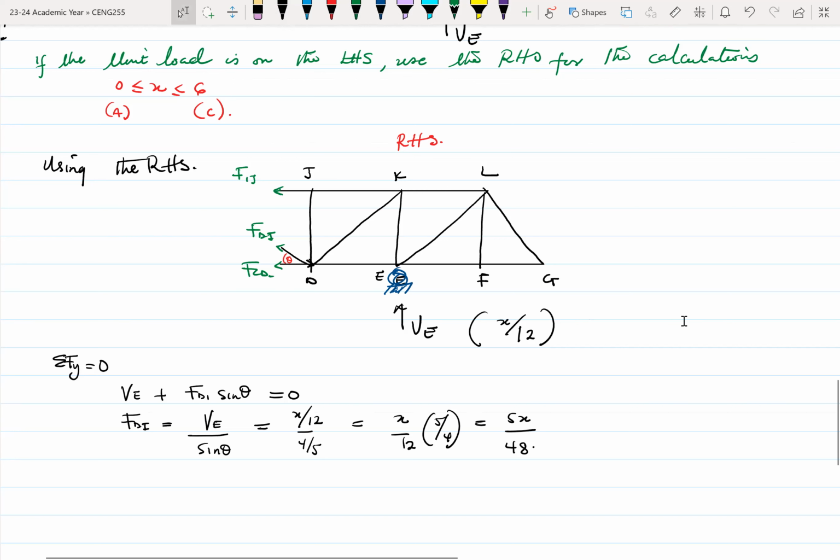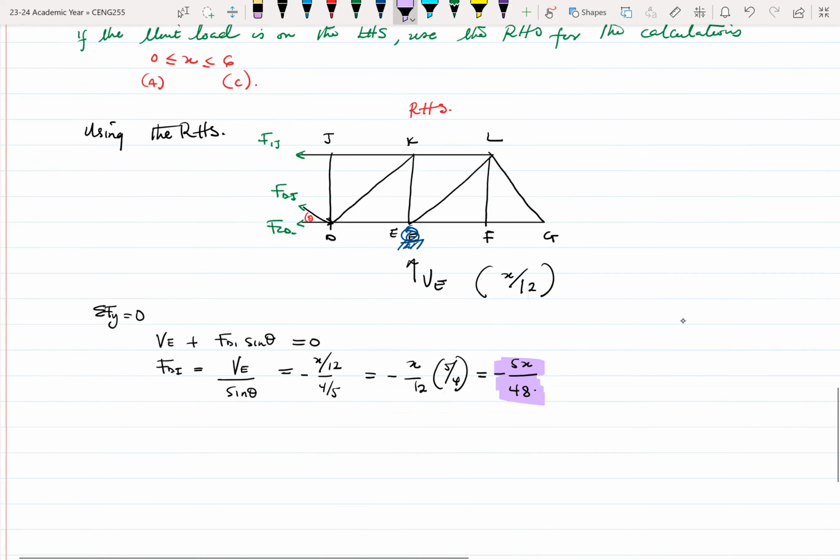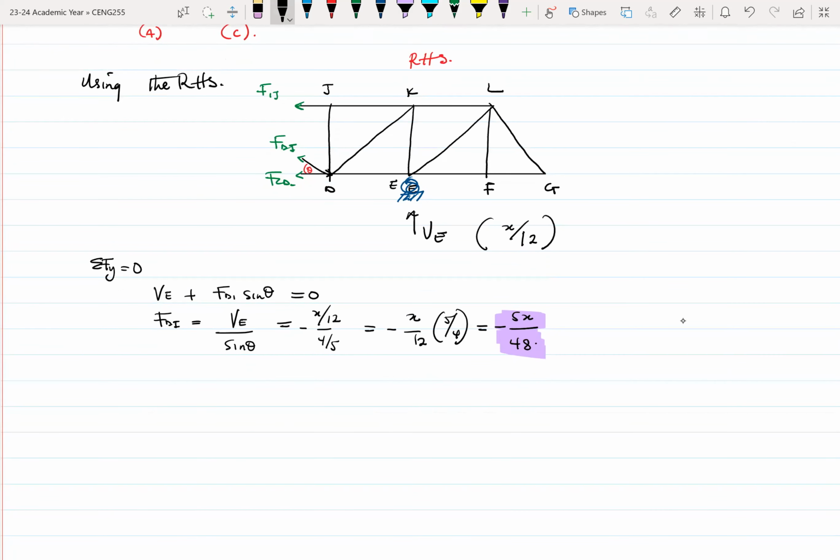So this is your FDI. Sorry, there's a negative in front of it. All right, so please take a note. So our FDI is negative 5x over 48. And this is when the load is between 0 and 6, right? Okay.